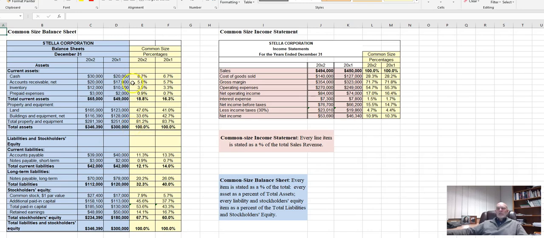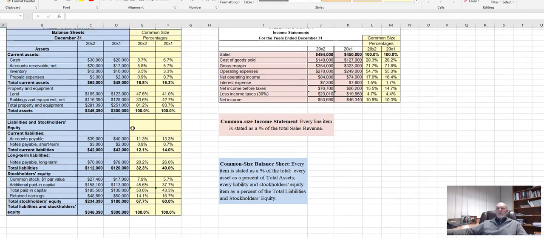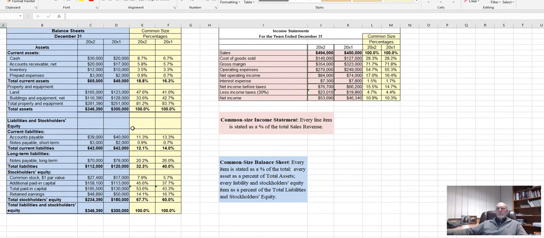Every asset is listed as a percentage of total assets. And in the other half of the balance sheet, every liability and every item in stockholders' equity is listed as a percentage of the total liabilities and stockholders' equity. And of course, the total assets and the total liabilities and stockholders' equity is the same number for both sides of the equation.